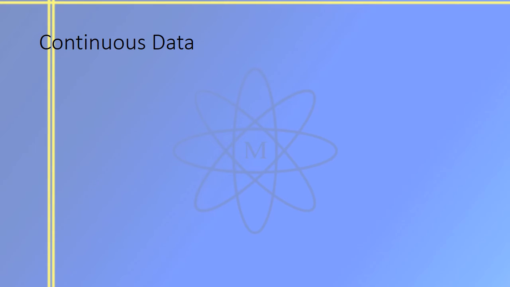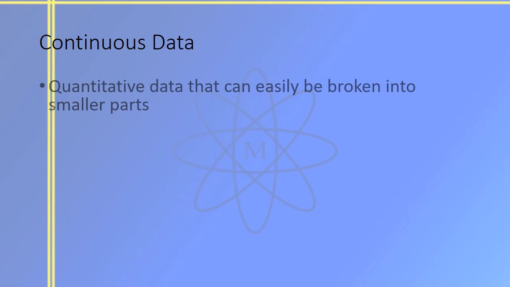Now, continuous data is a little bit different. Continuous data, by its nature, can easily be broken down into smaller and smaller parts. An example of where we typically use continuous data is when we make measurements. If you think of all your examples from your various science classes, and all the rules your teachers taught you about dealing with measurements, those all speak to the concept of continuous data.